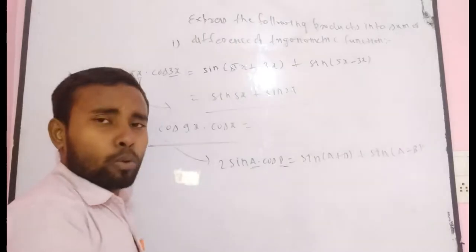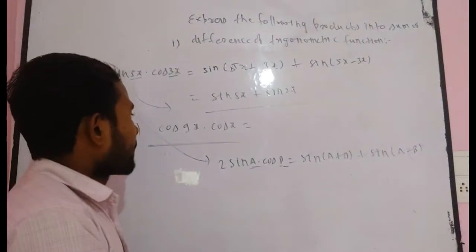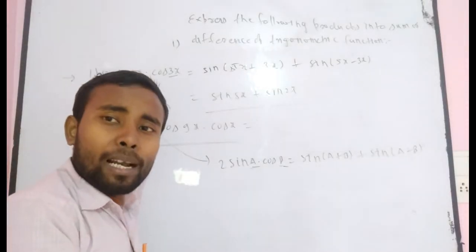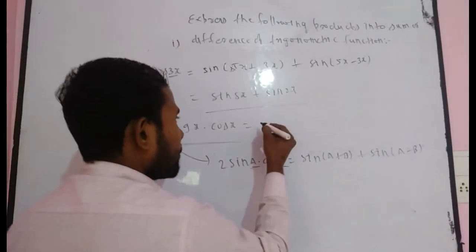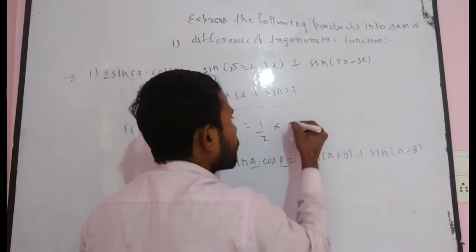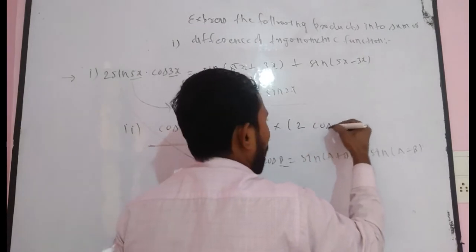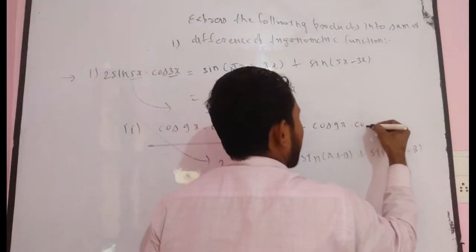If there is no 2, you can hit and try, that means you multiply by 2 and also divide by 2. So you can write it as 1 by 2 times 2 cos 9x into cos x.